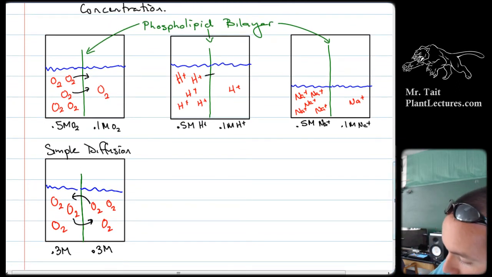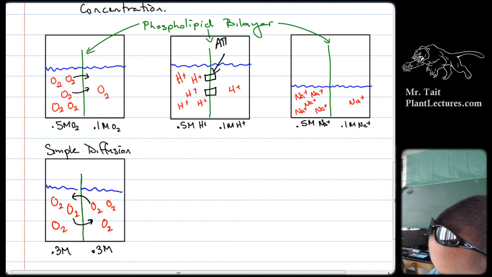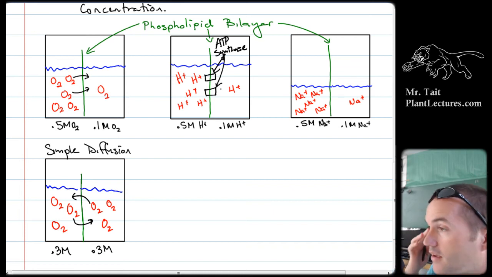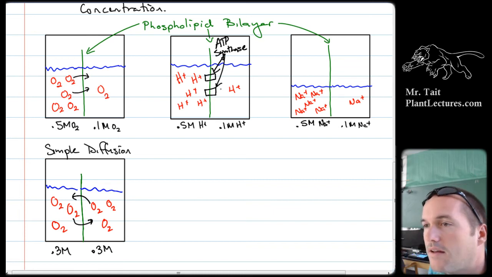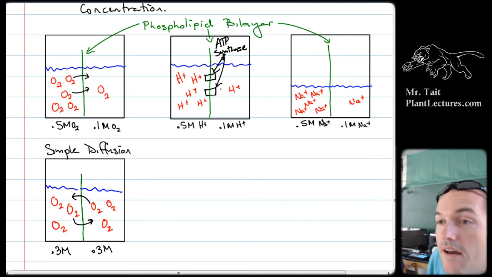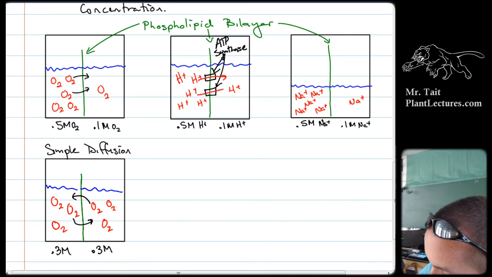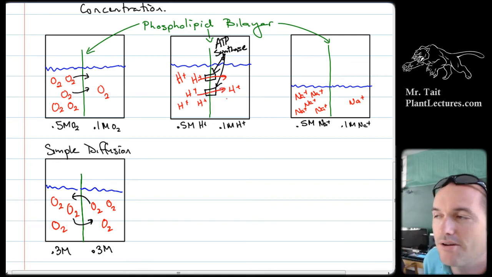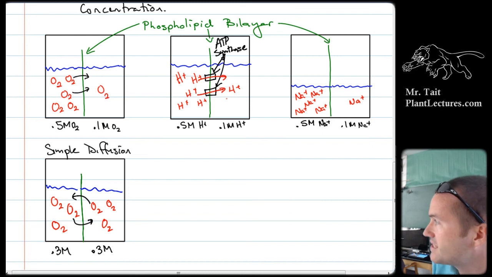Let's say I throw some ATP synthase in here. This becomes ATP synthase. Now what happens? Yeah. They'll equal out to the other side because now they're going to go through the ATP synthase. Before they couldn't go through because they were polar, but now they can go through because there is something facilitating it.